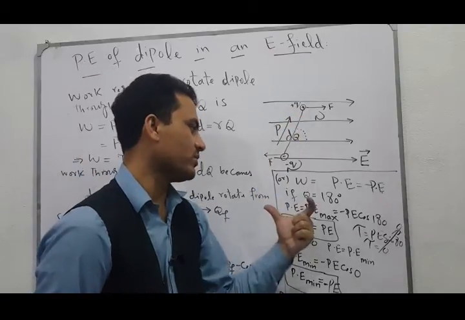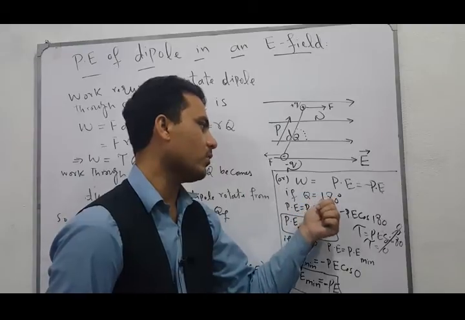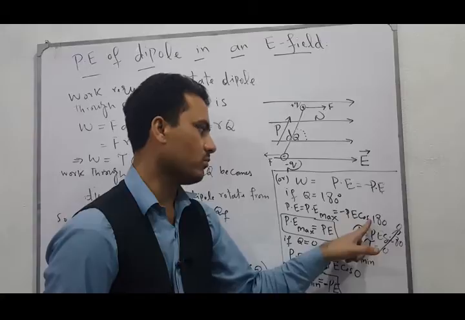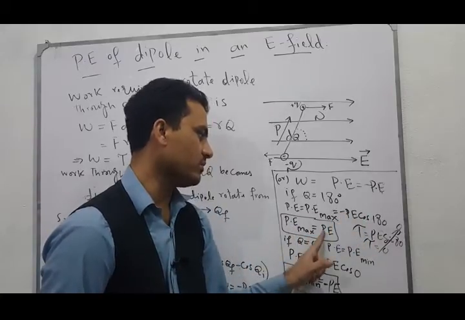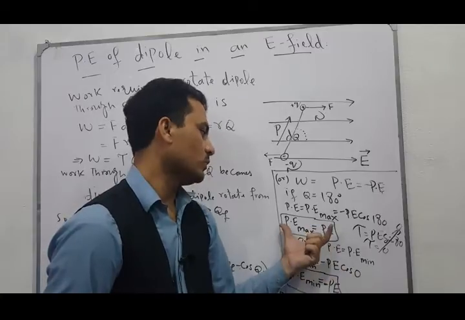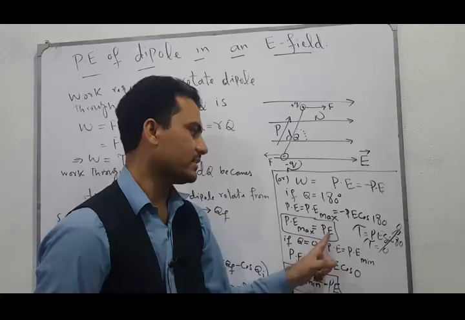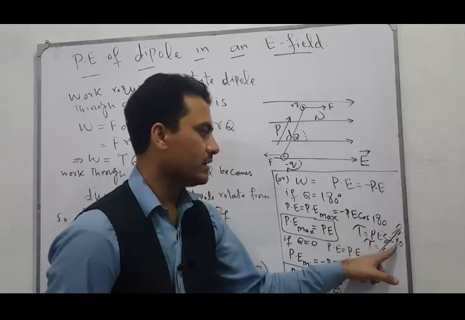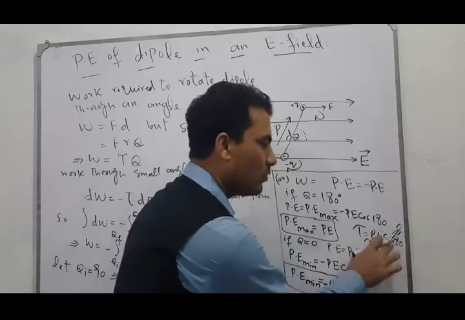So the maximum potential energy occurs at an angle of 180 degrees, because cos 180 degrees is equal to minus 1. So minus minus becomes plus, and the potential energy becomes maximum, which is equal to pE. This is our maximum case of potential energy, but in this case the torque will be 0 because we know that torque is equal to pE sin 180 degrees, and sin 180 degrees is equal to 0.